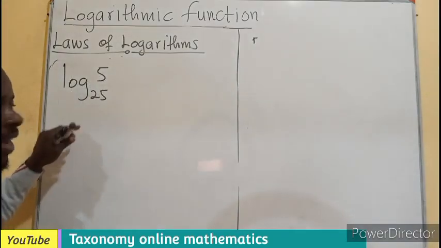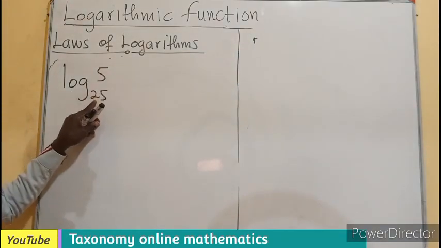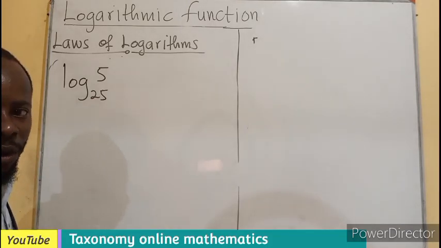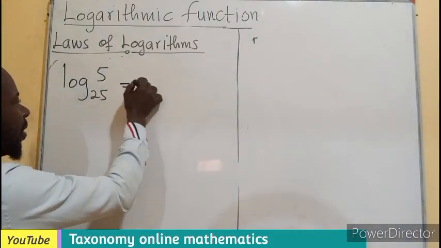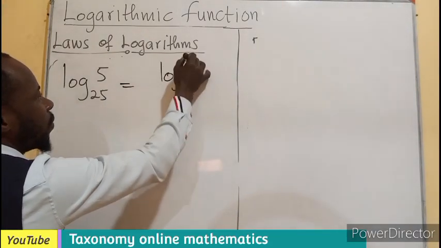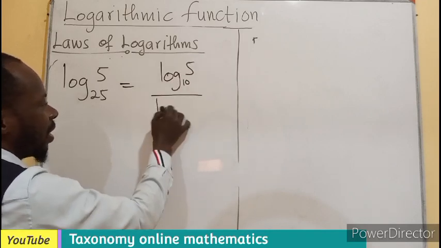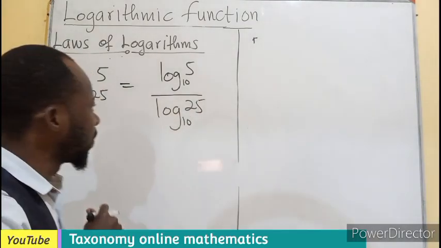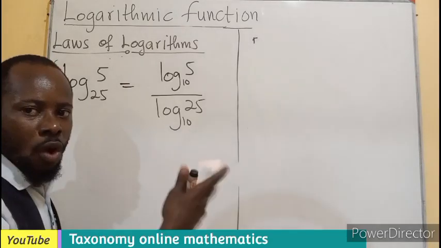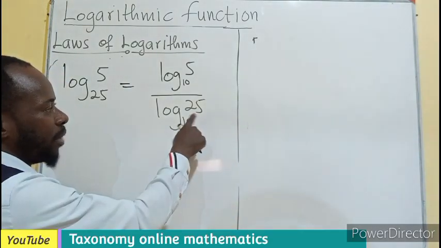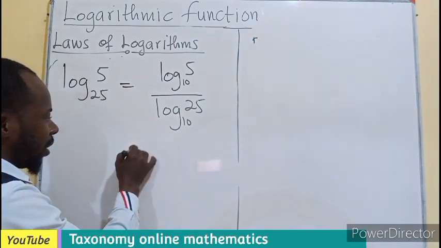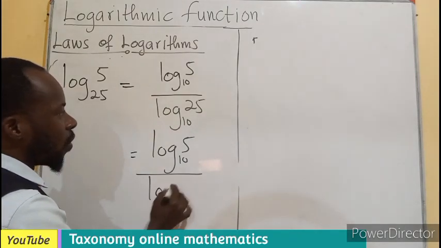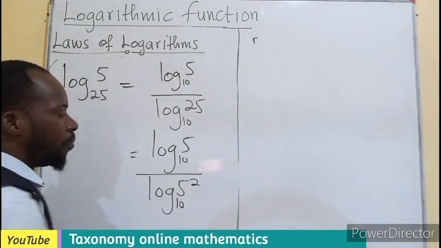So imagine we want to simplify log 5 base 25. We want to simplify this using base 10 as the log. So this is going to give us log 5 base 10 over log 25 base 10. Change of base from the log. Now it will be easier to solve in a common base, which is base 10. So now we can break this into indices, meaning the log of 5 base 10 over the log of 5 exponent 2 base 10.